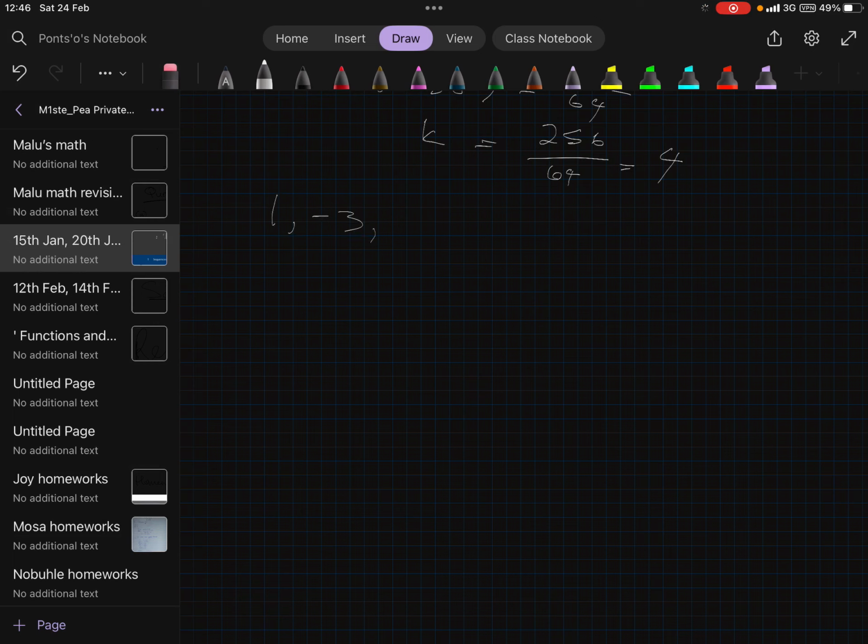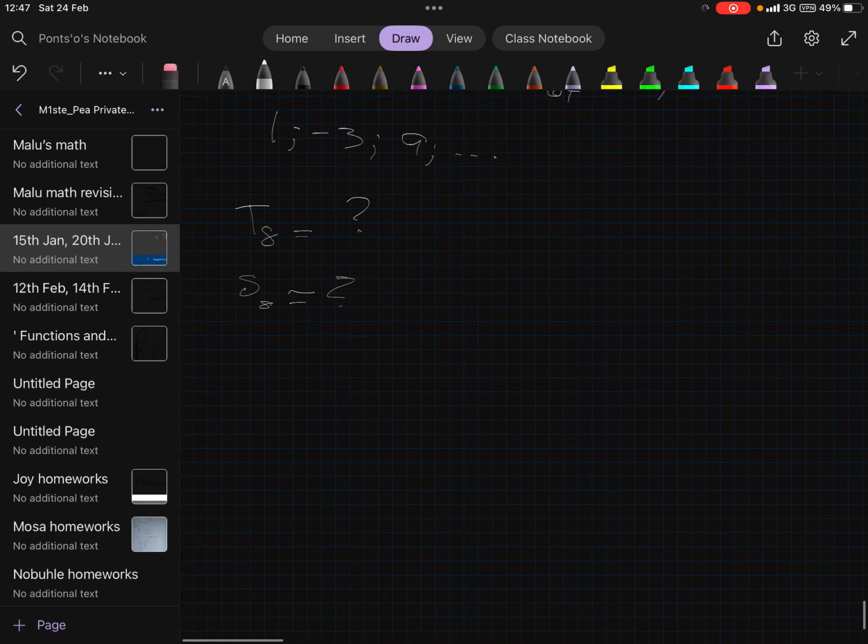So we have a sequence 1, -3, 9, and we must find T8, the 8th term, and also the sum of the first 8 terms of the series.